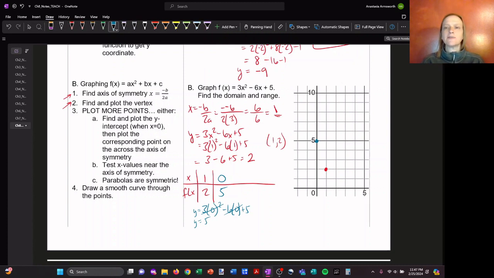So I know my axis of symmetry is here when x equals 1. And I've just plotted a point to the left of the axis of symmetry. So I can plot an equivalent point to the right of the axis of symmetry. So I also know that when I'm at the x input value of 2, I have an output value of 5 as well.